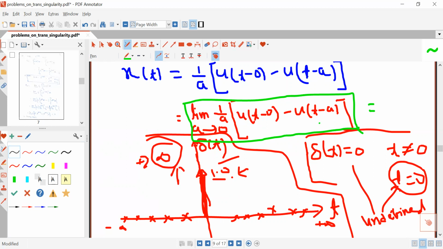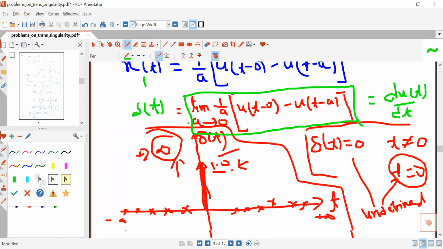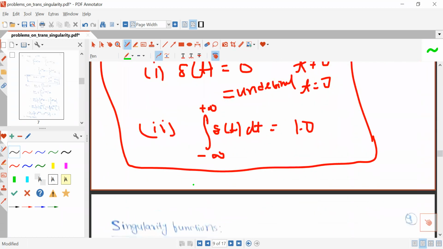So this expression is basically the differentiation of the unit step function. When a tends toward 0, this x(t) will become equal to delta(t). So the third mathematical expression which you can note is that the impulse signal is simply the differentiation of the unit step signal.